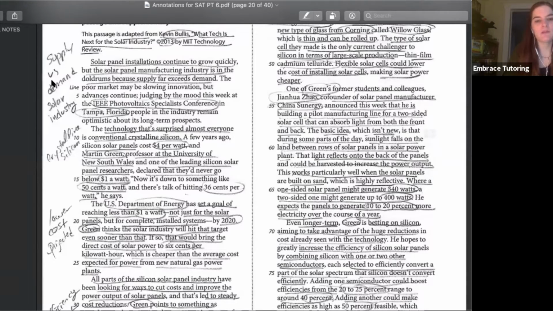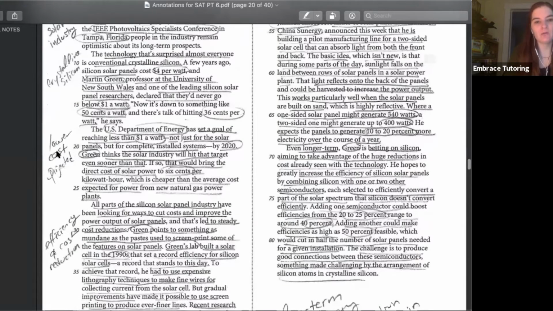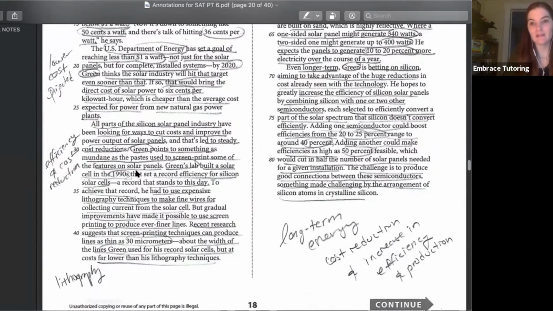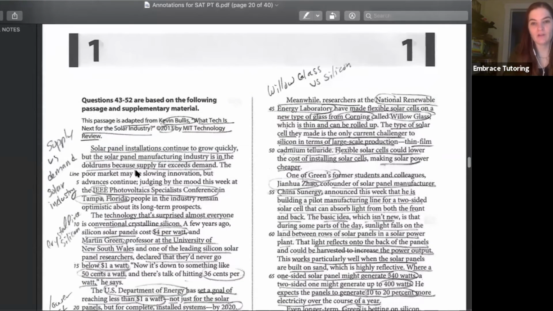So you don't necessarily have to do full phrases. You can just do a key word that will clue you in. Like if you want to focus on green, you could write green. Or in the margin, you could say 1990s, a year that you want to look at.